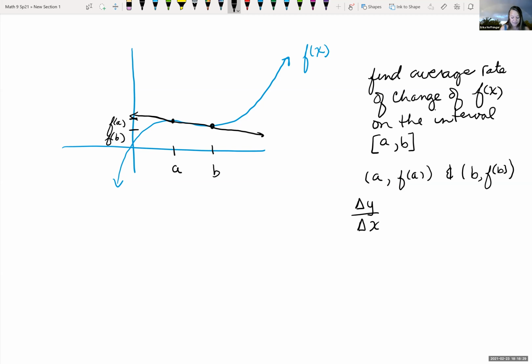One way to write that is with this triangle. So f of B minus f of A, change of y's all over the change in x, so B minus A.